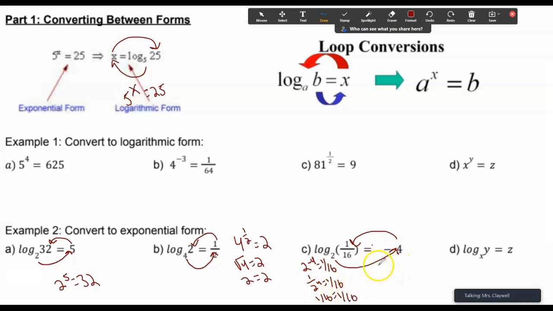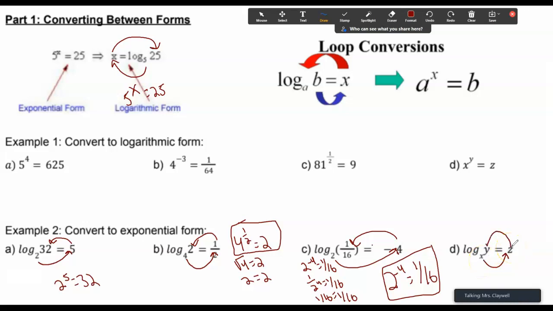So really, when we rewrite this in exponential form, that is that equation in exponential form.